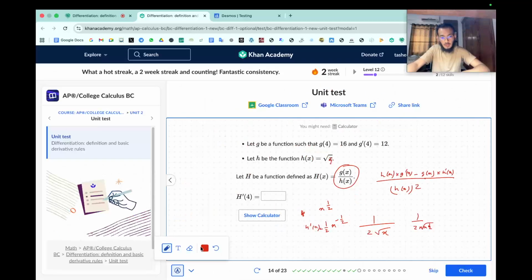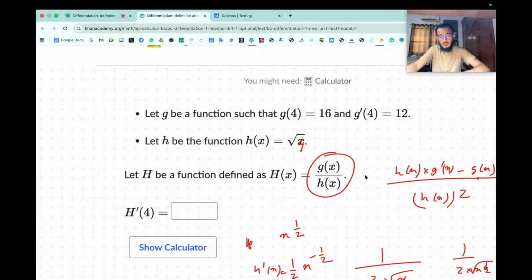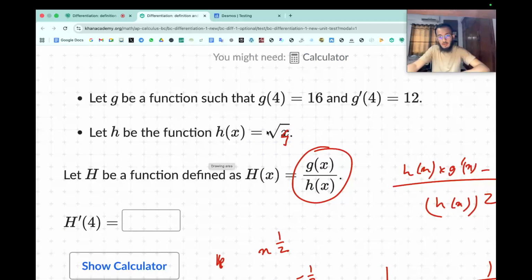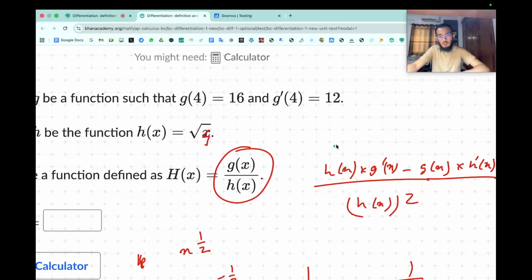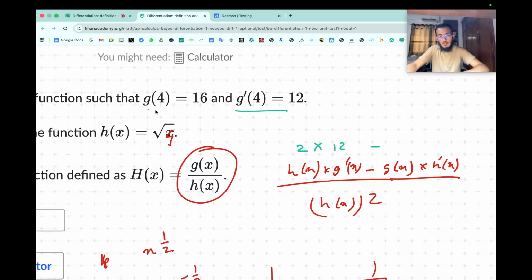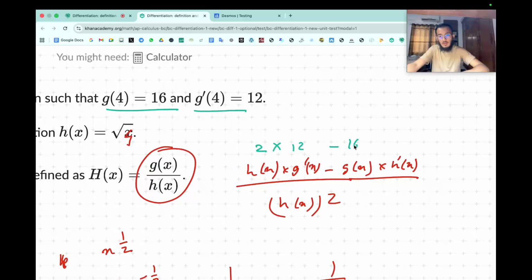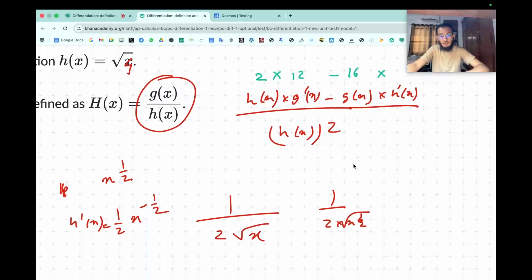So let's use a different color. If you plug in 4 here, it's 2. g' here we have 12, minus g(x), 16, times h'(4).